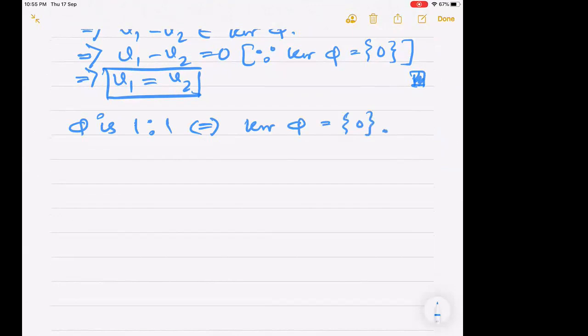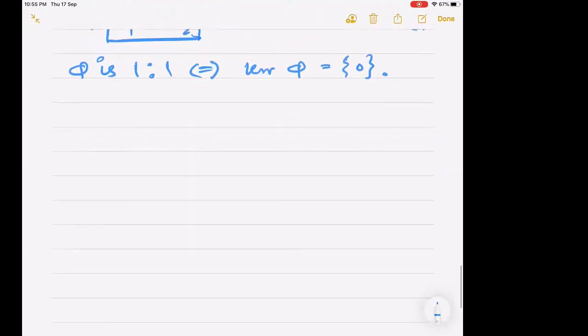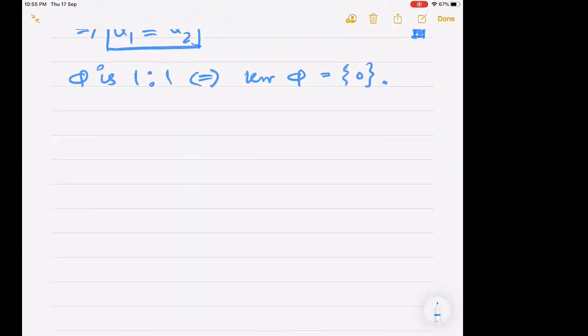Now you can easily construct examples. As far as matrices are concerned, when will you get kernel phi equal to 0? So, example: say I have a matrix A in F m cross n.